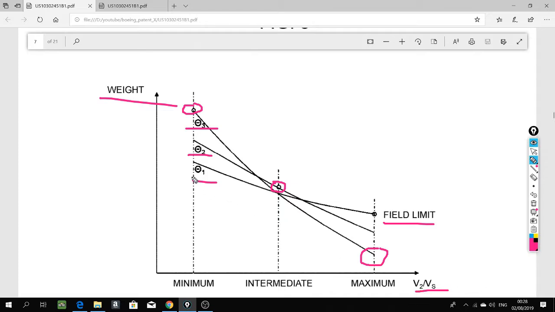Maybe if we have another phi 0, let's say, it might have characteristics something like this. There are different characteristics based on those parameters, so we are trying to combine all those parameters together to give us a big picture.